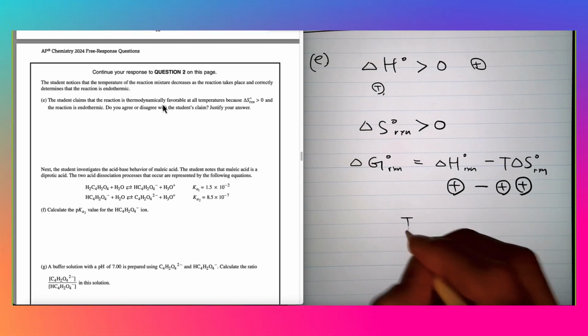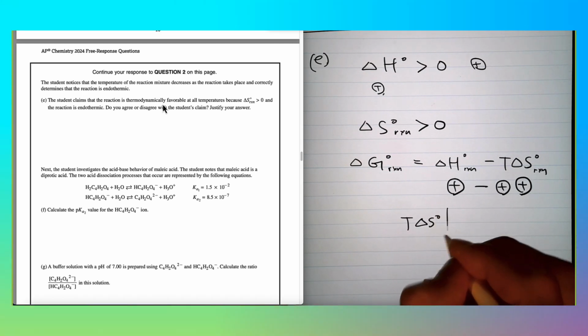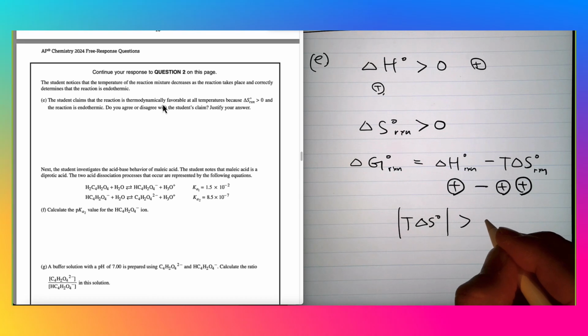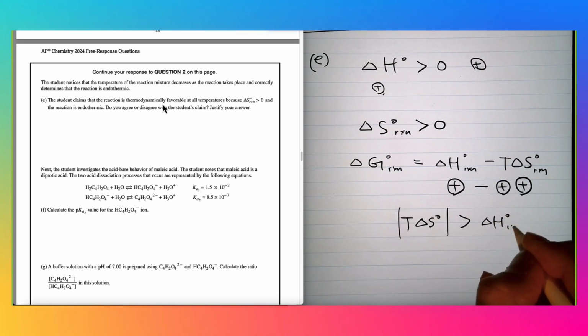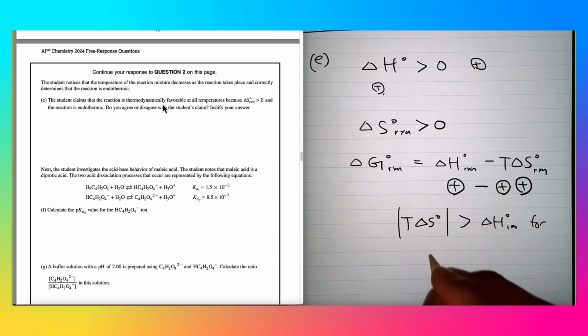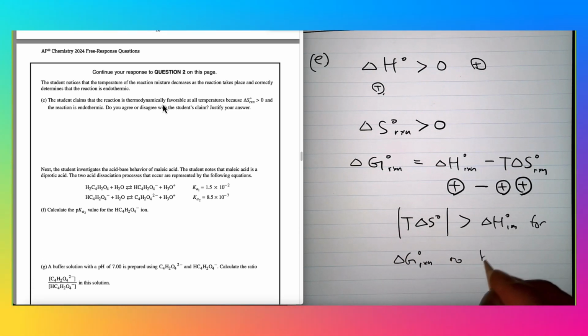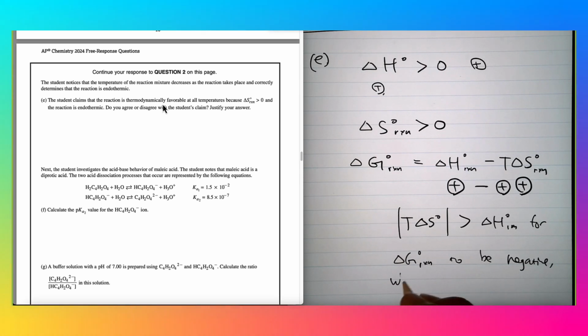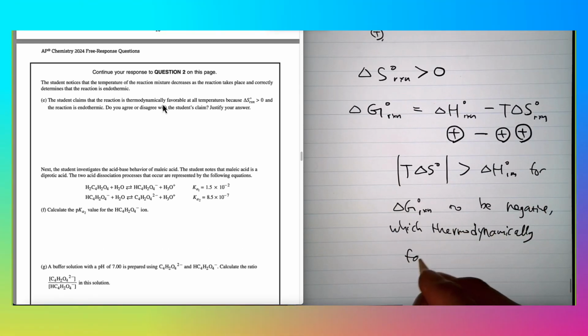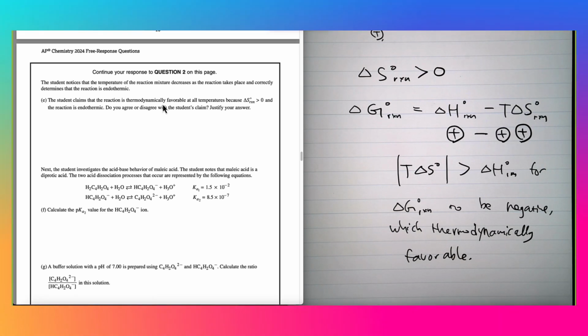You can say the magnitude of T delta S naught has to be greater than delta H naught of the reaction, for delta G naught of the reaction to be negative, which is thermodynamically favorable. Again, delta G naught has to be negative for the reaction to occur spontaneously.